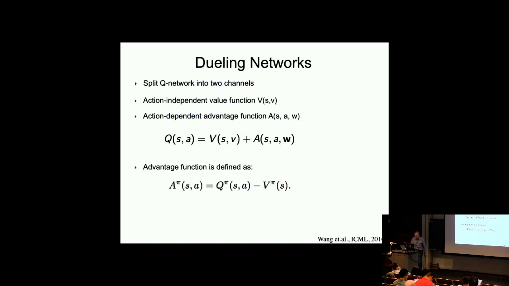Okay, so it turns out if you look at the literature, here's a paper from ICML recently, people use different ways of getting at these quantities. For example, one way is to learn two approximations.